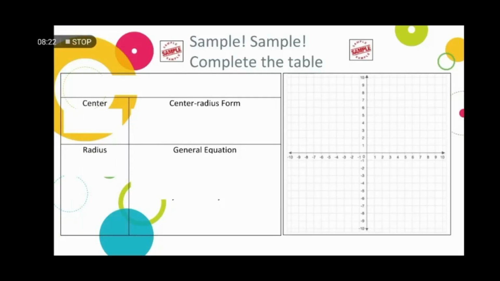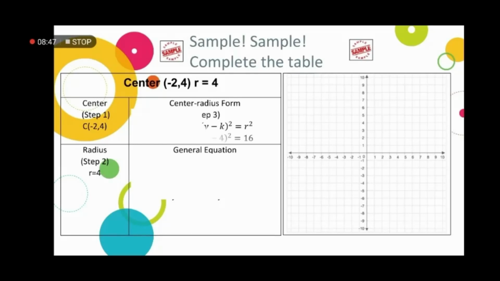Let's take the first example. Center at (negative 2, 4) and radius equal to 4. Since the given are the center and the radius, they are step 1 and step 2 respectively. In center-radius form, we have (x minus h) squared plus (y minus k) squared equals r squared.